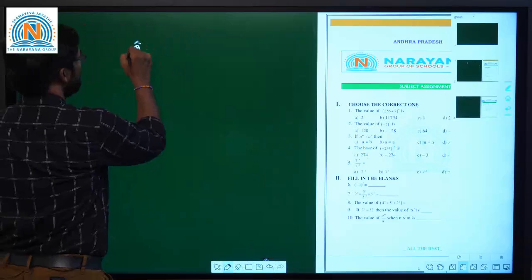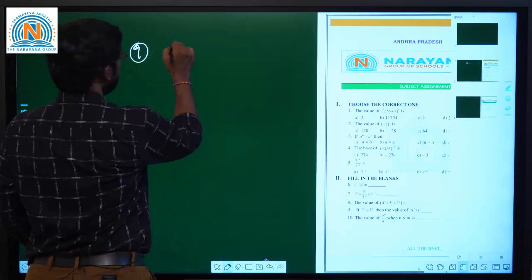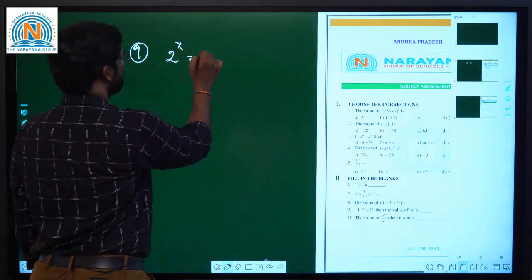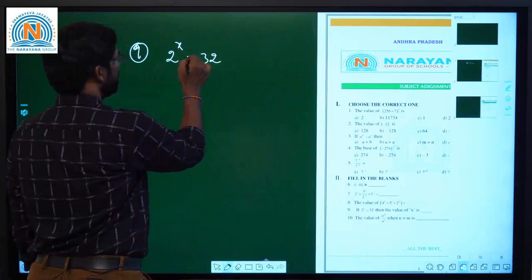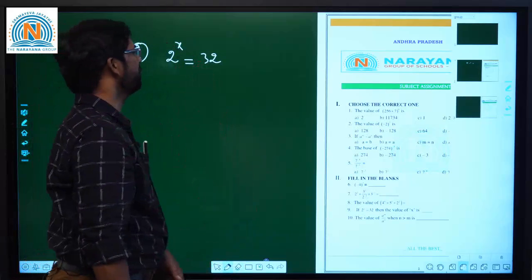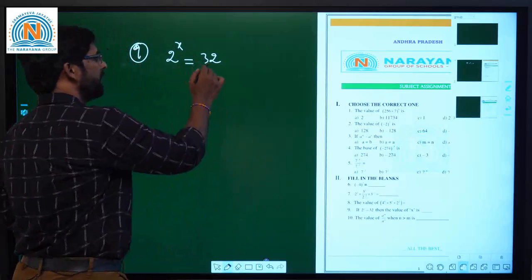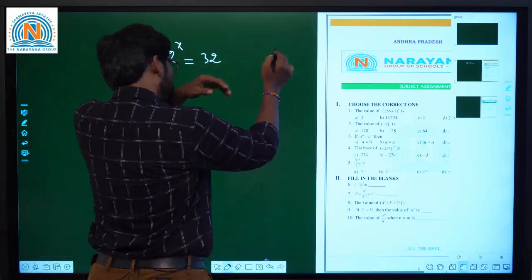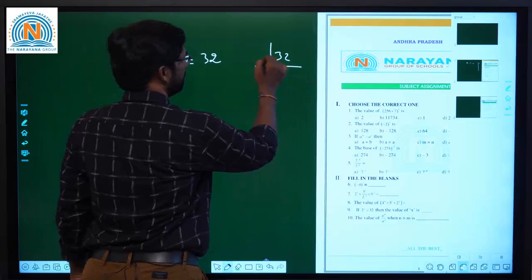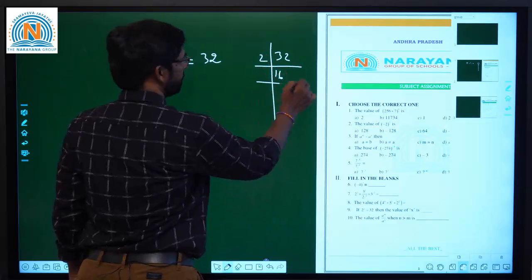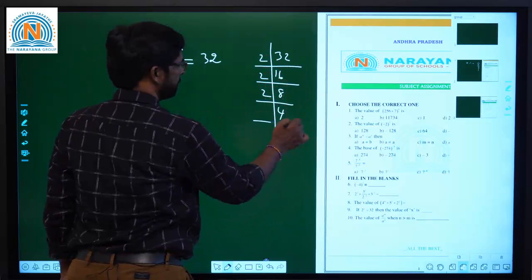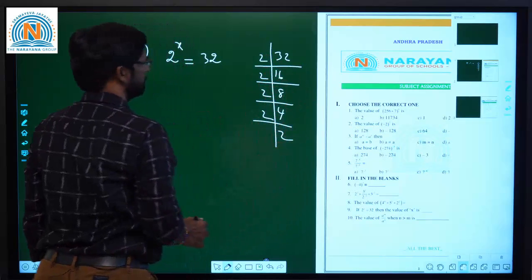Next one, 9th. 2 to the power of x equal to 32. Find the value of x. So 32 can be written in base 2 form. 32: 2 16s, 2 8s, 2 4s, 2 2s.